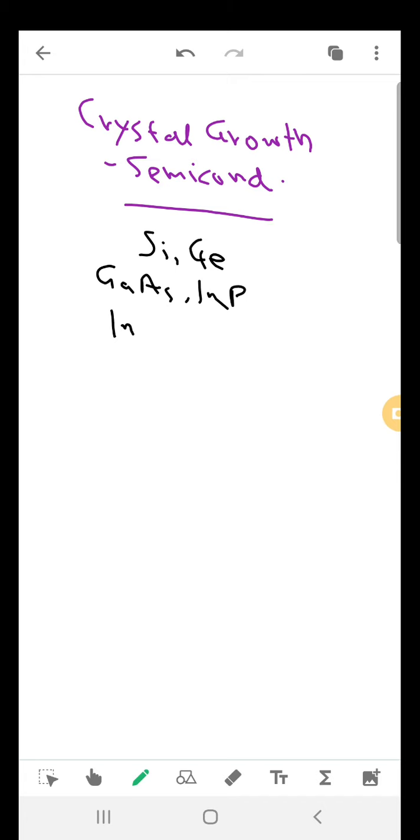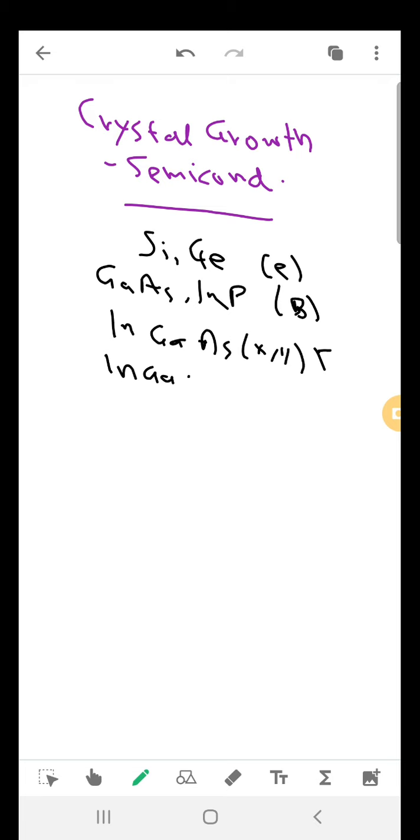You can also have a compound consisting of indium, gallium, arsenide with different mole fractions based upon X and Y. So these are ternary, these are binary, these are elemental, and you can also have indium, gallium, arsenide and phosphorus based upon the mole ratios X and Y. So that becomes the quaternary.